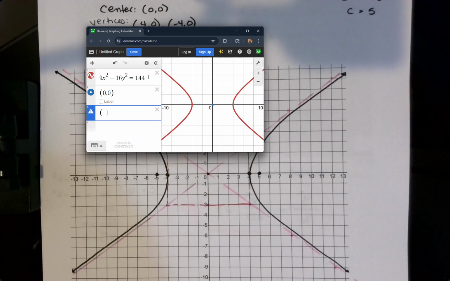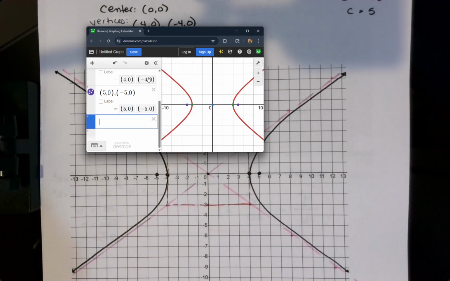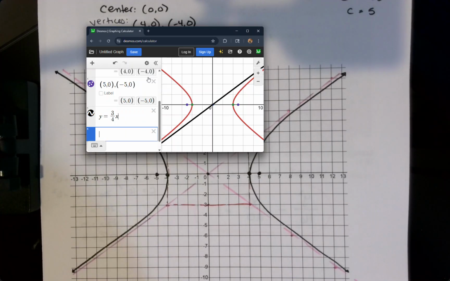We had our vertices at 4, 0, and negative 4, 0. We had our foci at 5, 0, and negative 5, 0. Those are all lining up great. And we had our asymptotes at y equals 3/4 x and y equals negative 3/4 x.